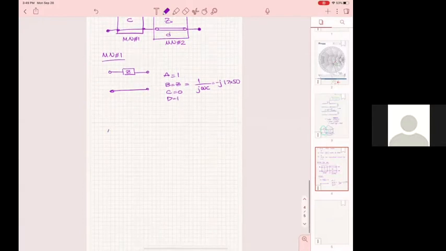Can you explain how you decided A, B, C, and D? Why is A 1, why is B Z? From the book: if you look at the last page, on the front, they have the ABCD matrices of six very fundamental circuits. Which edition do you have?